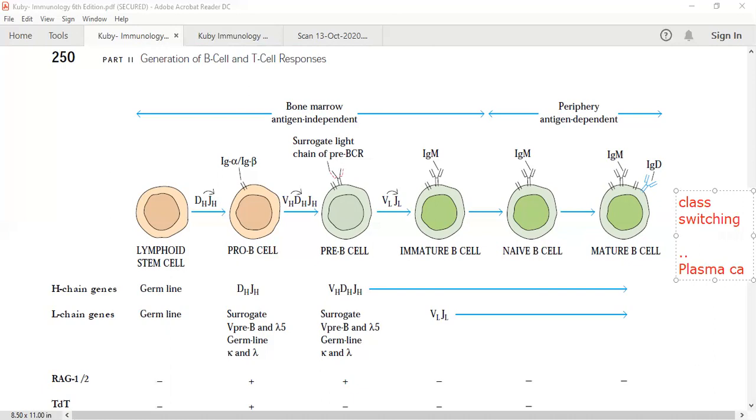Plasma cells will secrete a large number of antibody molecules, which are IgE, IgG, IgA. Okay, so actually it will secrete all the different types, including M and D. All right.